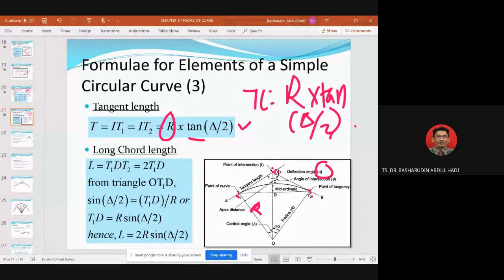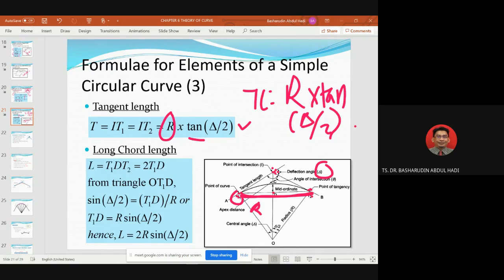That is the formula for the tangent length. Now focus on long chord length. How do you calculate the long chord length? Long chord length L equals T1 to T2. Where is your T1? It goes from this point to T2, a straight line like this.